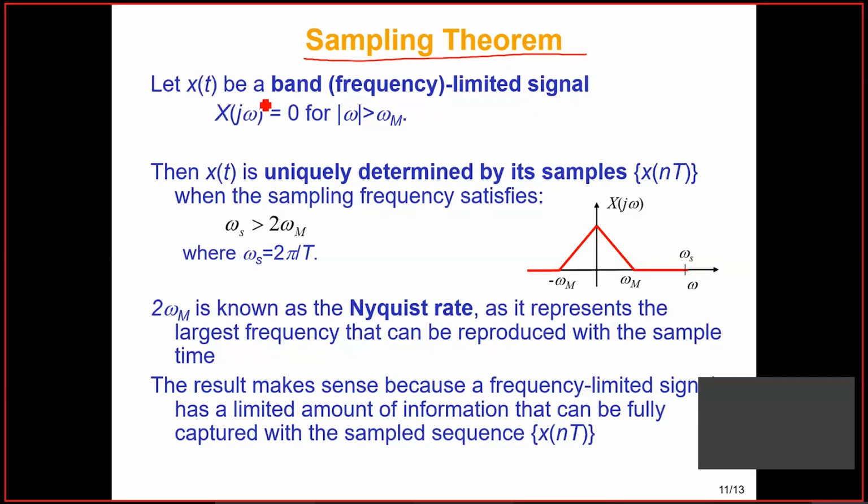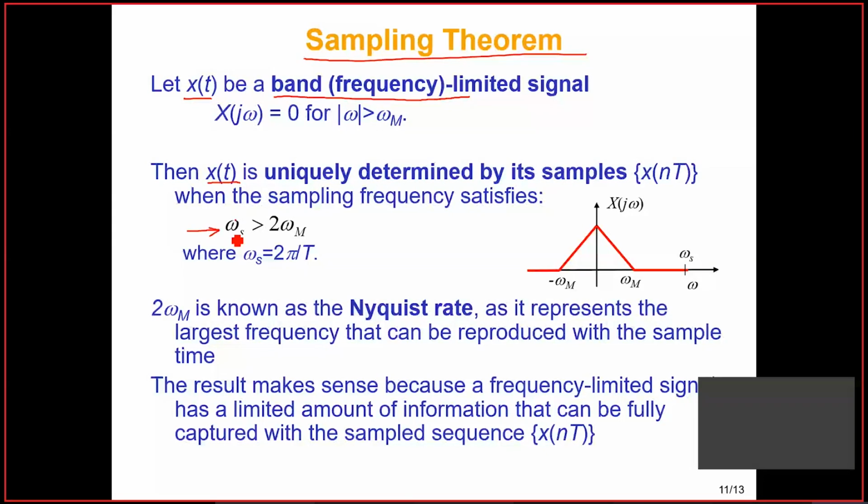Then we can get your x of t sampled such that the sampling frequency is greater than 2 times omega m. If we select this sampling frequency, then we will be able to recover your signal back from the sampled version.